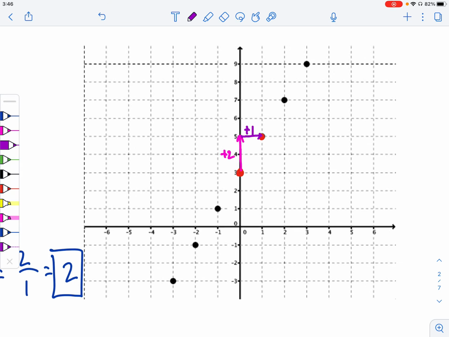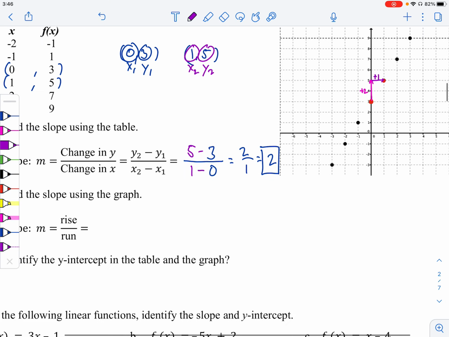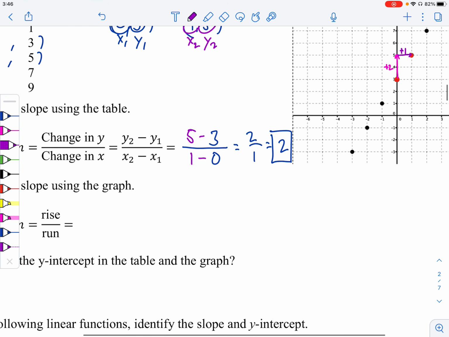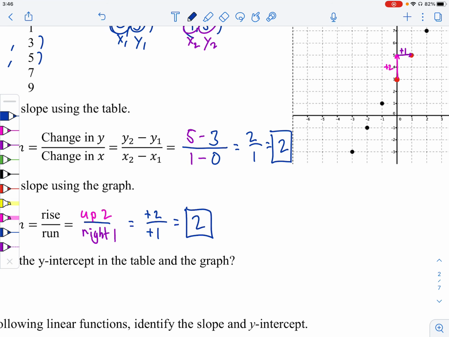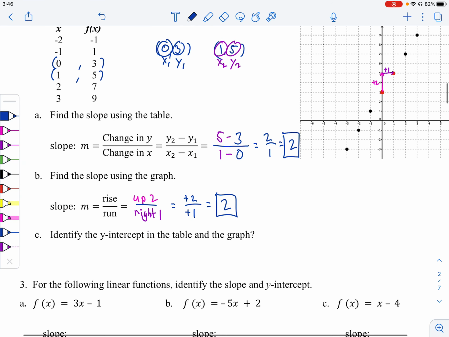So rise over run: up 2 is positive 2, right 1 is positive 1, which is just 2. So we still get the same slope.